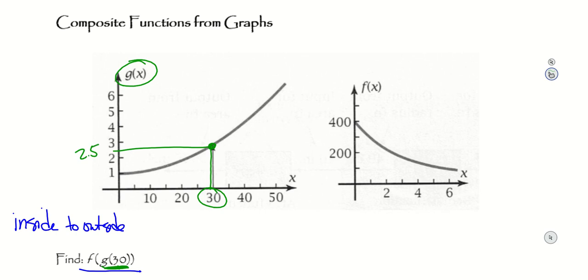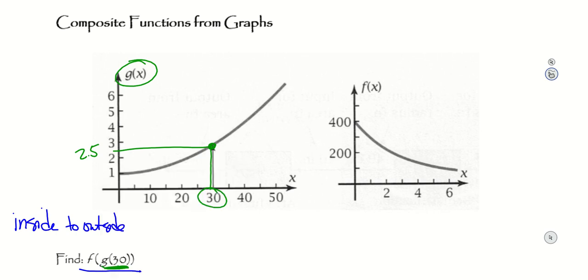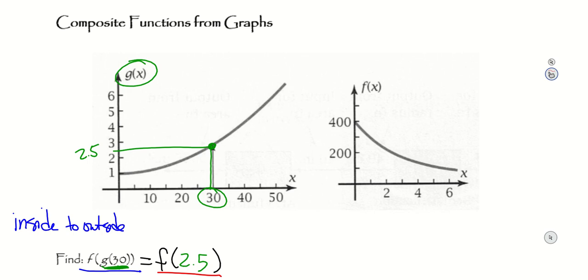So when I find f of g of 30, right, I get f of what I found for g of 30, which was about 2.5. So now I need to evaluate f of 2.5.